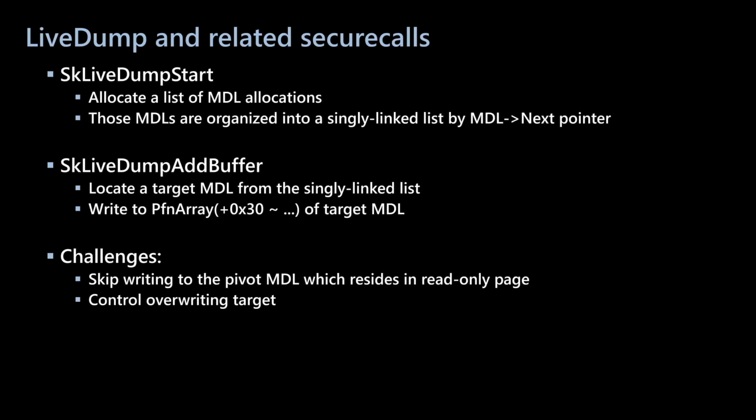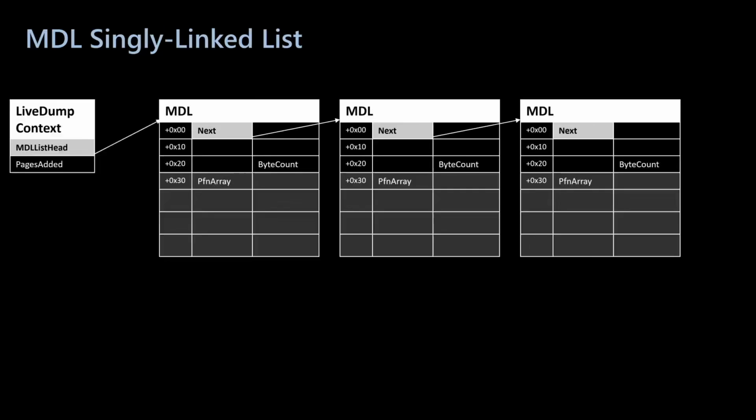LeftDump start. This secure call will allocate a list of MDLs and chain them into the singly linked list. LeftDump add buffer. This secure call will try to allocate a target MDL from the S list and write to the PFN array at the end of that MDL. LeftDump context is a global symbol. It contains a pointer to the S list.